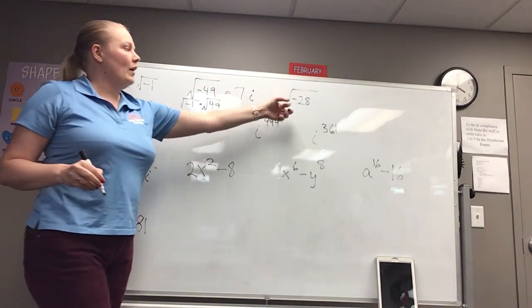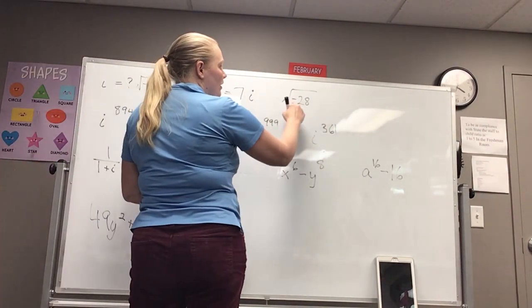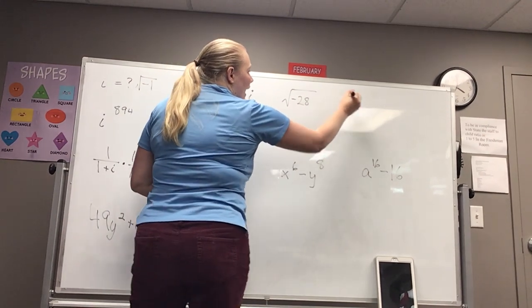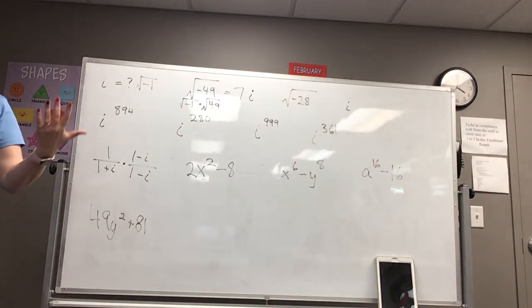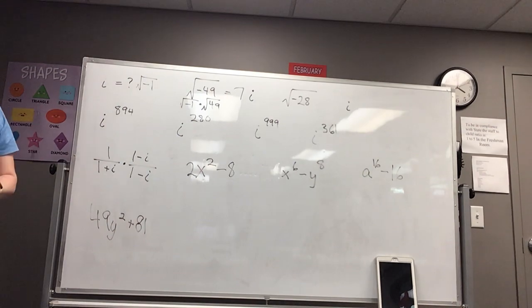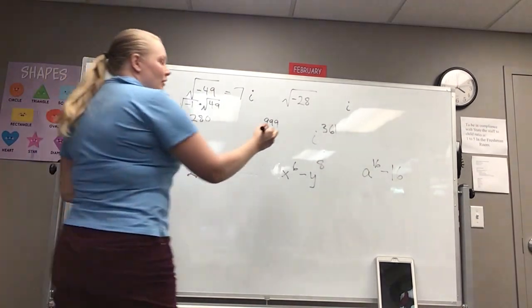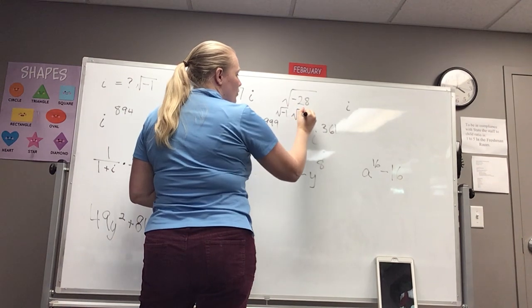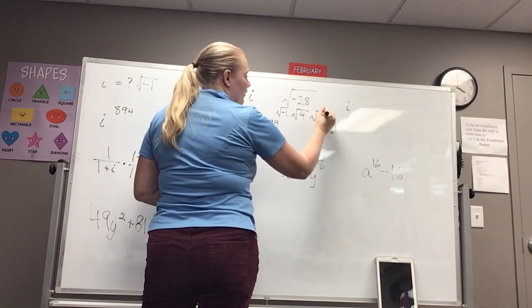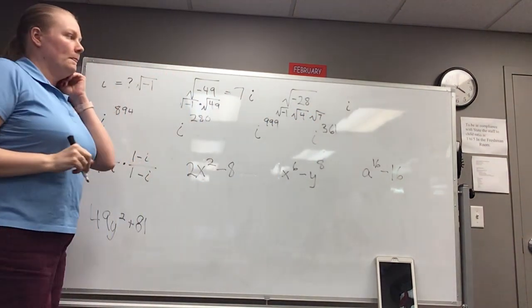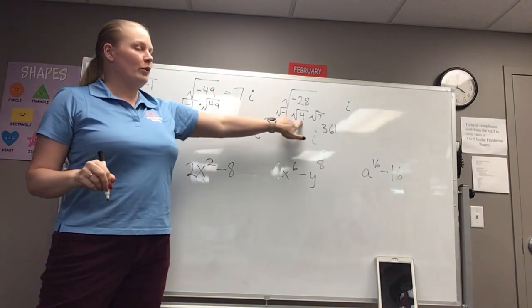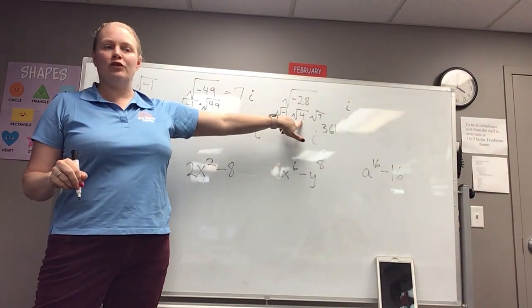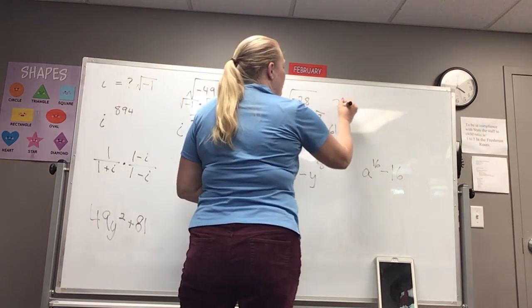And then the same way here, again, we can pull out the negative as i. It's the square root of -1. The 28 can break up into 4 and 7. And so square root of 4, nice, pretty, perfect square, 2.